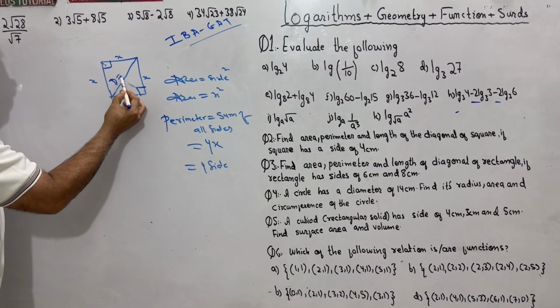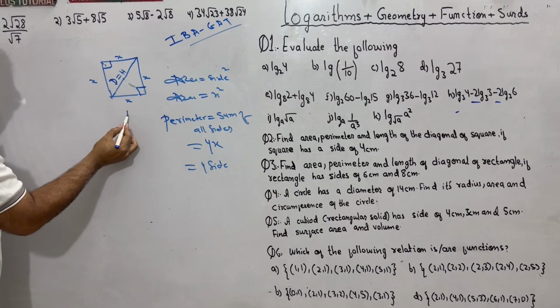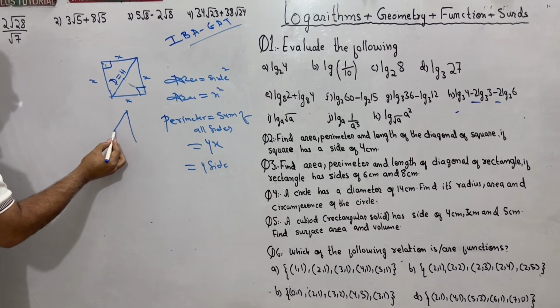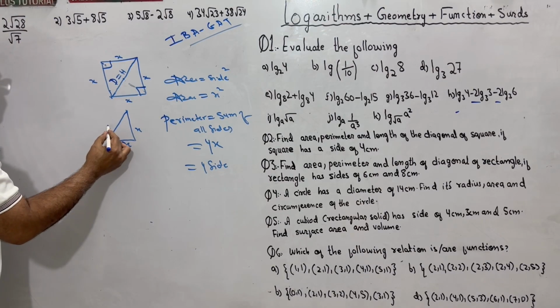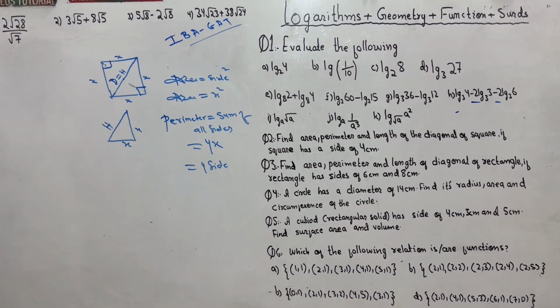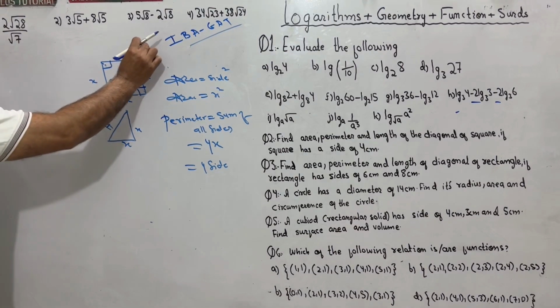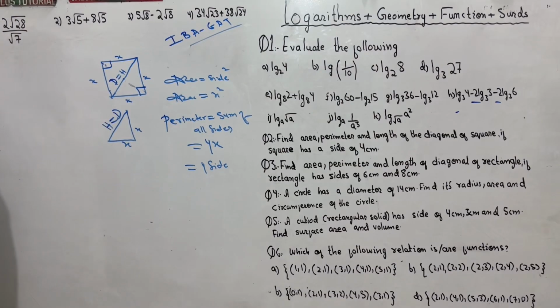Opposite to 90, this diagonal is also called the hypotenuse. If we stick to this triangle only, the sides are x and x. From the triangle's point of view, it is our hypotenuse. From the square's point of view, it is our diagonal. So diagonal is equal to hypotenuse.